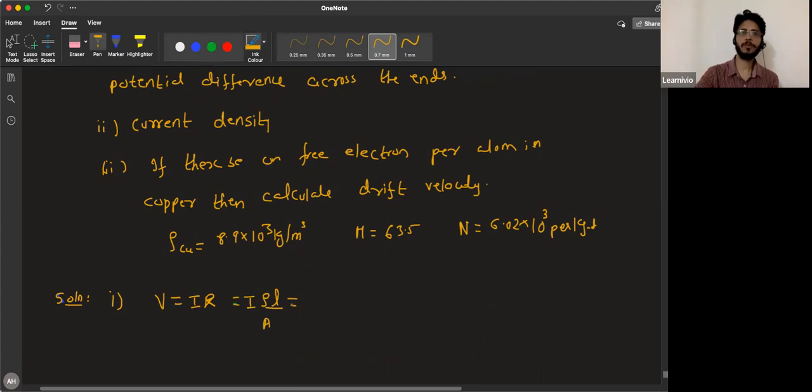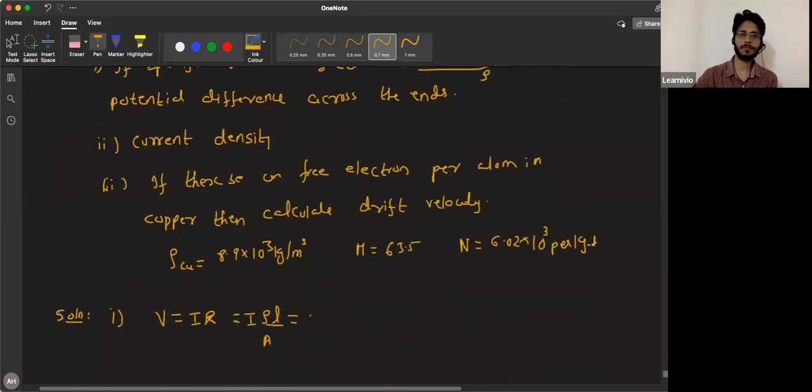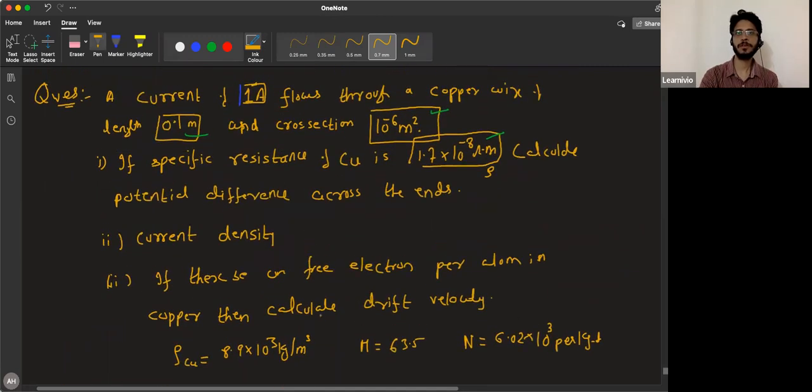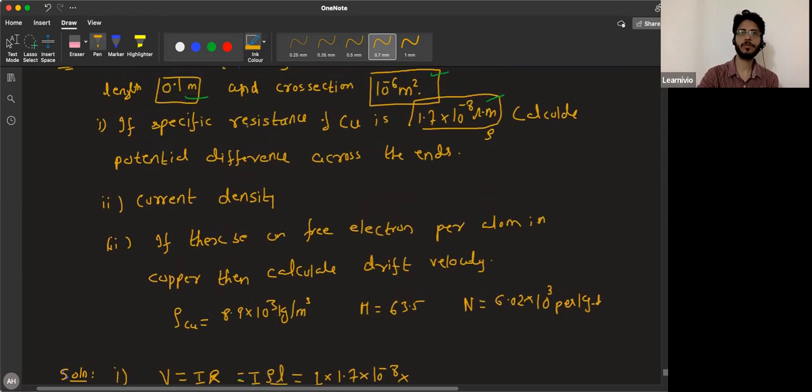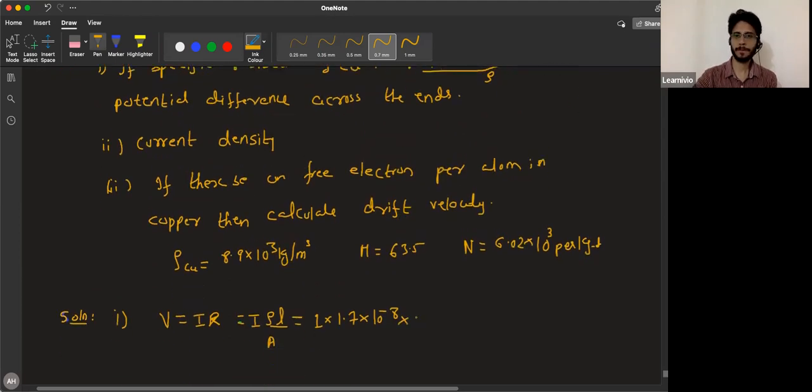So how much is I? Your I is 1 ampere. Resistivity is 1.7 into 10 raised to minus 8. Length of the conductor is 0.1 meter, divided by area.